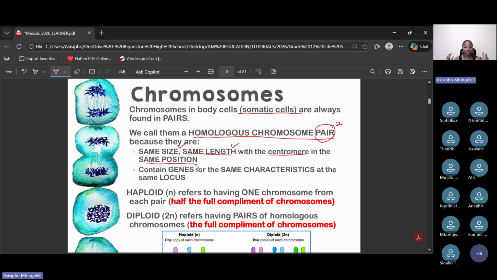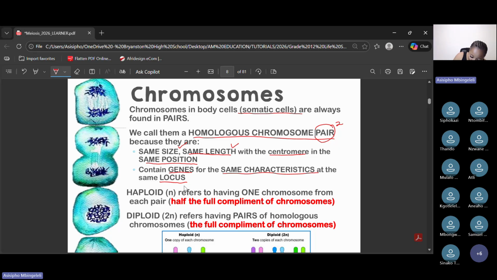What is also important is that the chromosomes, one from the mother, one from the father, will also need to contain genes for the same characteristic at the same locus. Check terminology. What do they mean by this?